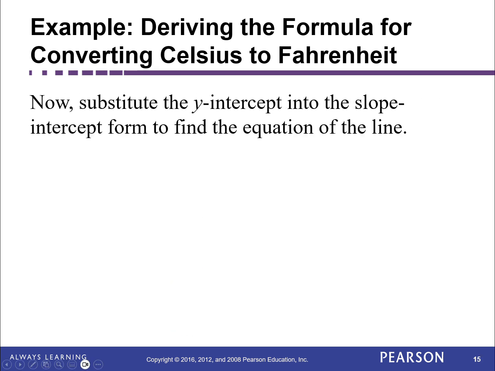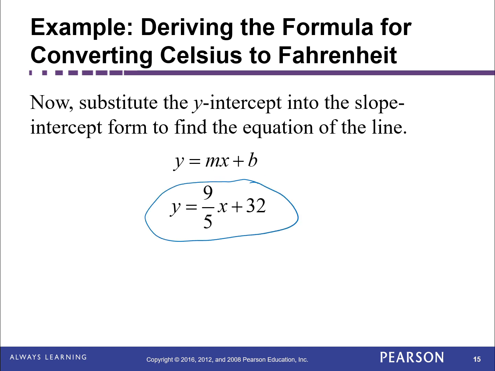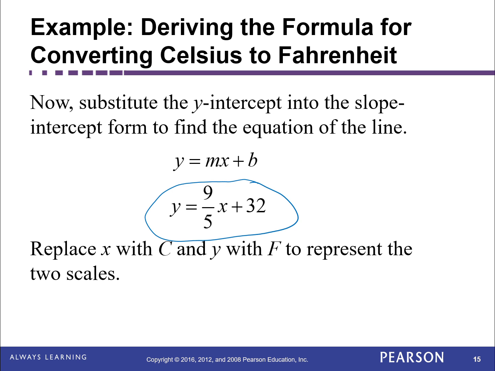So because I have that slope-intercept form there, I'm able to just plug in the 9/5 for the slope, which is your m, and 32 for the y-intercept, which they inadvertently gave you to begin with, and now I have shown the conversion formula from Celsius to Fahrenheit.